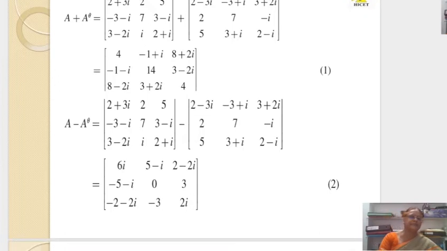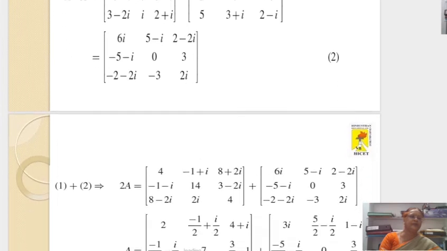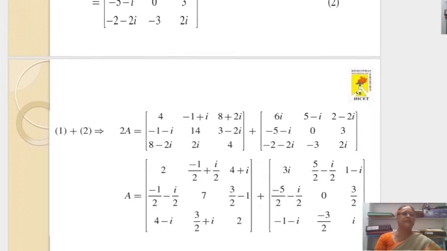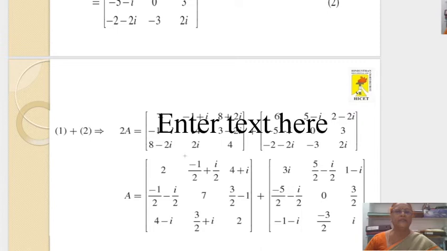Next, we have to find out the sum of the two. Take it as 2A, and when you are adding this, we will get 2A equal to the sum of A plus A power theta and A minus A power theta. In the same way, we have to add the corresponding elements. So we will get 4 plus 6i, then minus 1 minus i, and all these elements.